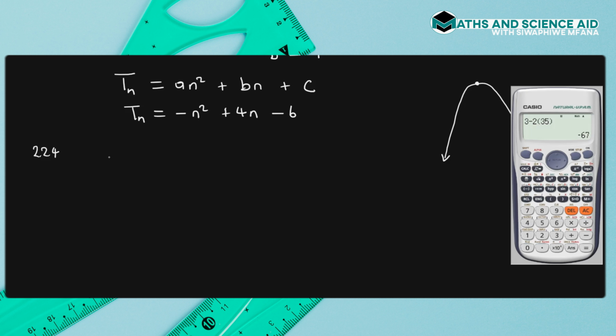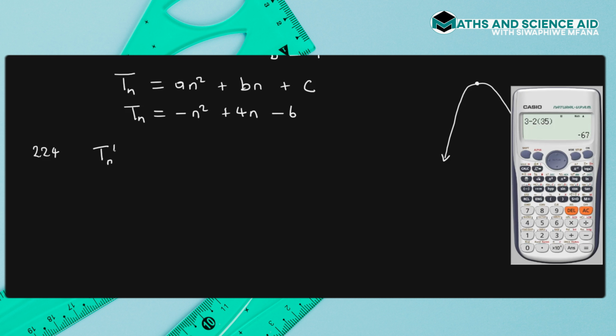The easiest way of working out a turning point of a quadratic function is by using calculus, and to be more specific, differentiation. So let's just simply work out the first derivative of this equation.